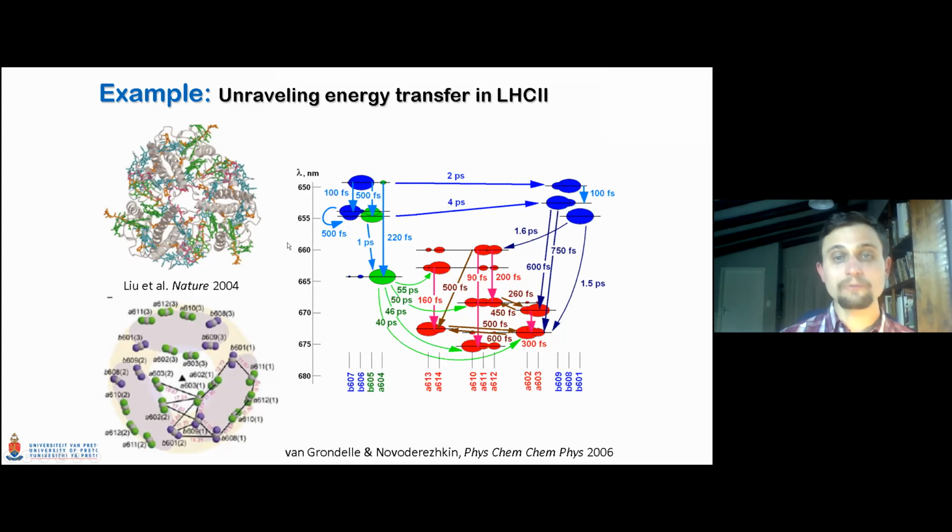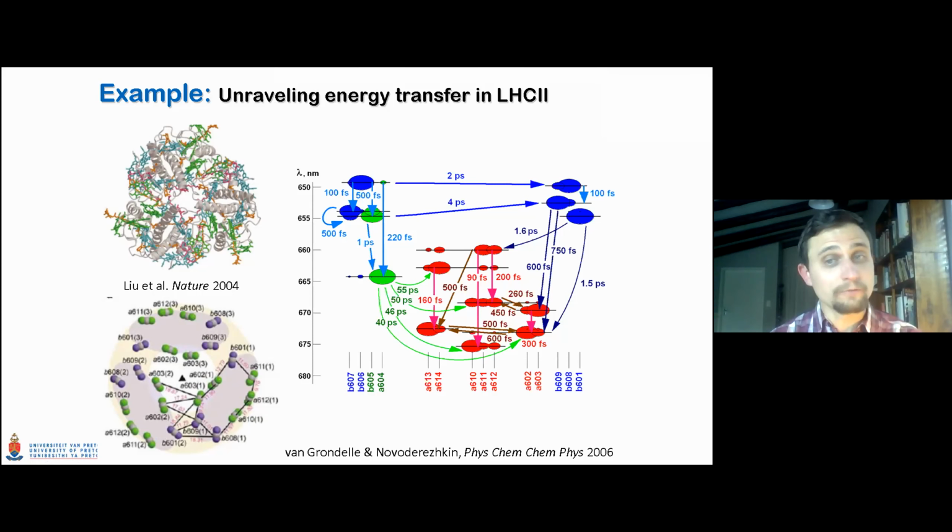And you can now, from this model, predict what will happen upon excitation of one of these molecules, how the energy will be delocalized and how it will be flowing throughout the whole system. What are all the different time scales? So in other words, you can get basically a complete picture of the interaction and the flow of the energy and the whole cascade that will happen in this system.